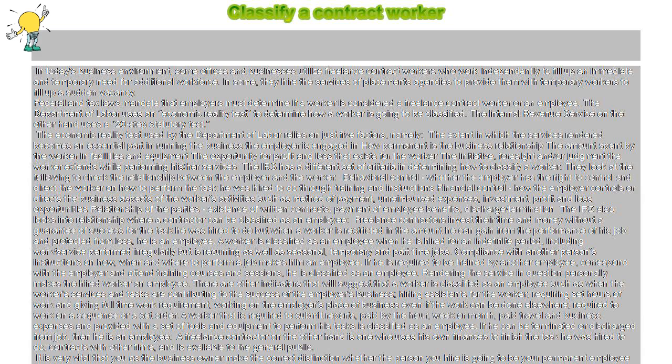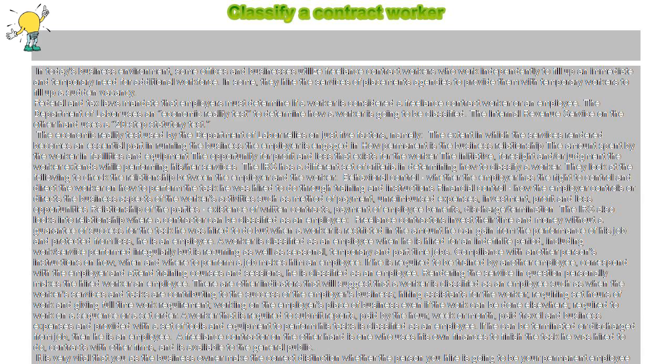Federal and tax laws mandate that employers must determine if a worker is considered a freelance contract worker or an employee. The Department of Labor uses an economic reality test to determine how a worker is going to be classified.